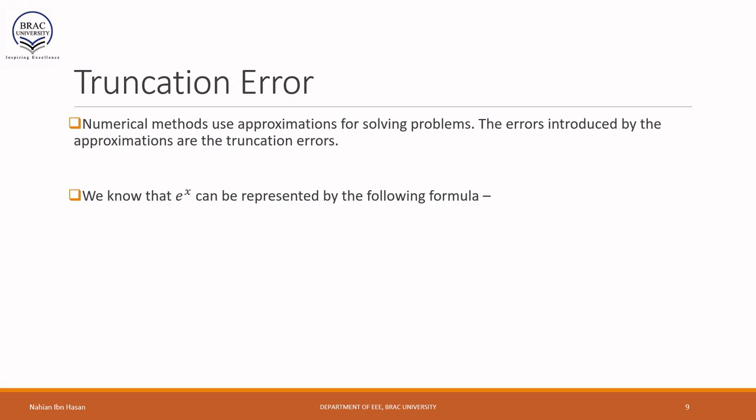We know the e to the power x formula can be represented something like this: 1 plus x plus x square by 2 factorial plus up to x to the power n by n factorial. So this is an infinite series. That means there are an infinite number of terms in this series. But in a computer, you cannot use an infinite series to represent a number.